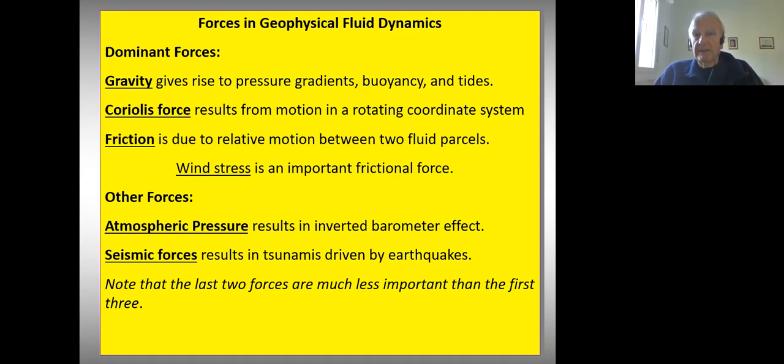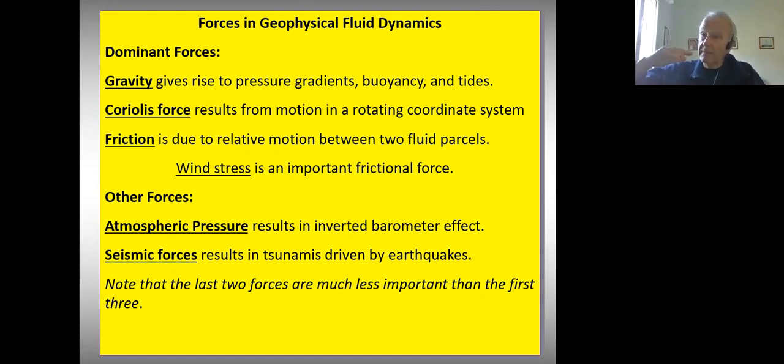Other forces are atmospheric forces, which result in the inverted barometer effect. We call it the inverted barometer effect, which means that for 1 decibar of increase of atmospheric pressure, we have 1 centimeter of decrease of sea level.